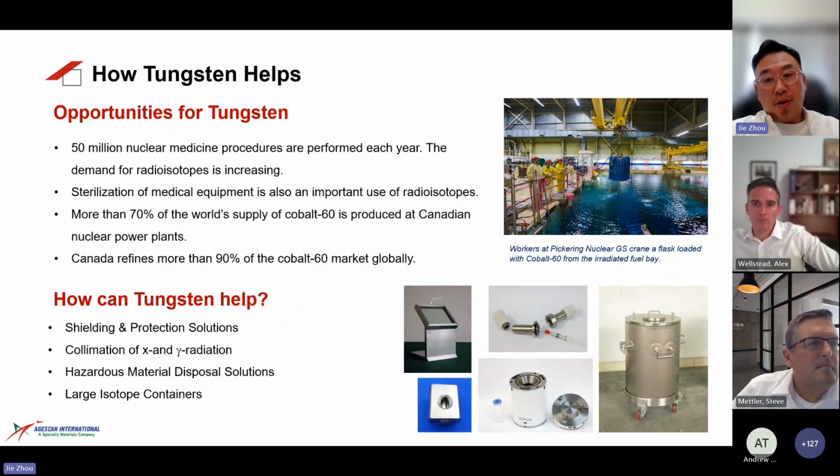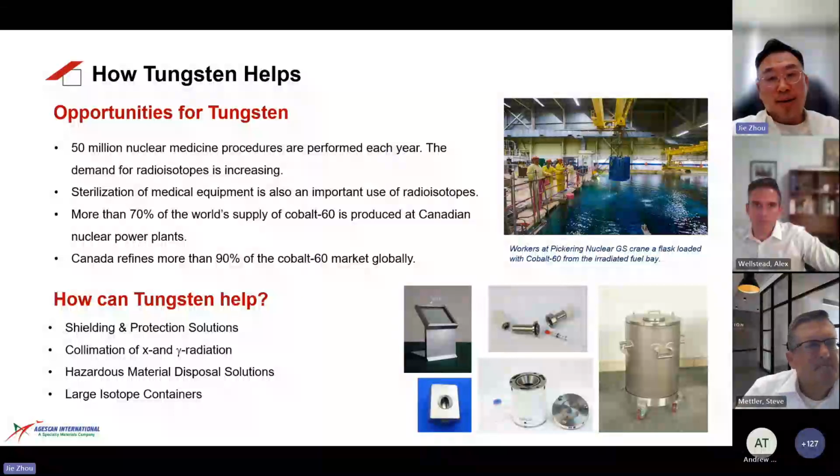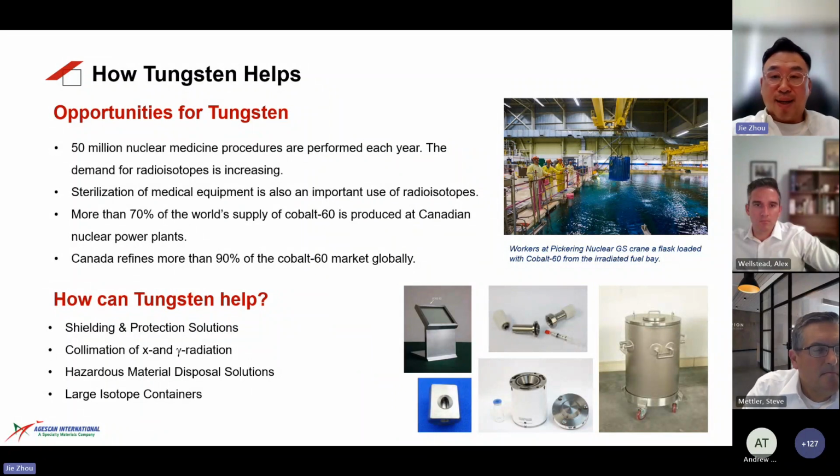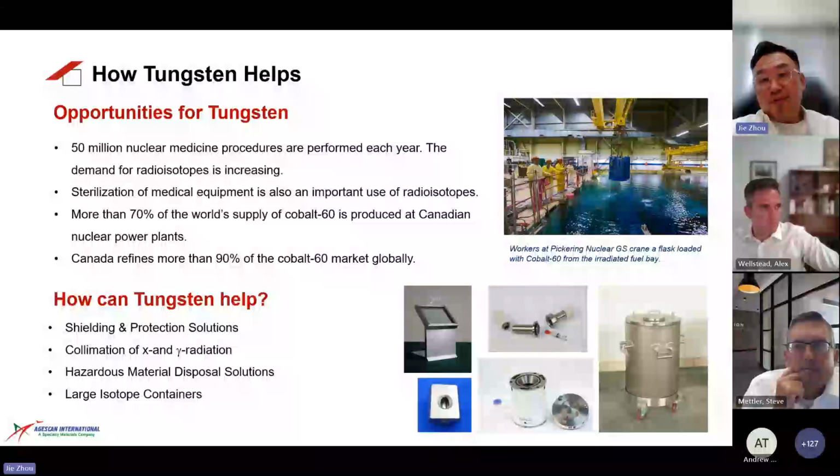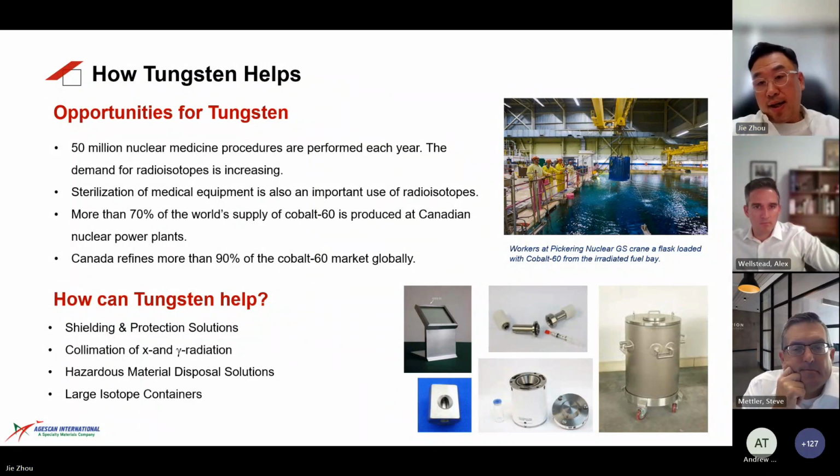The demand for isotopes in these three major applications is steadily growing. Canada has been a consistent leader in producing radioisotopes for medical use on the global stage. One example is cobalt-60, the most common isotope used in radiation therapy. Canada produces 70% of the global supply and refines 90% of global market demand currently. Thus, we can see the Canadian market provides enormous opportunities for tungsten.